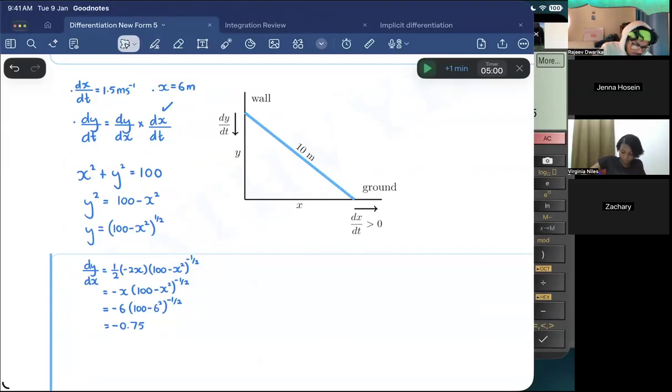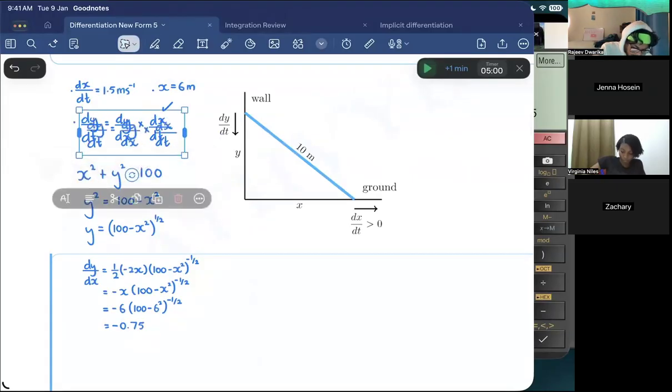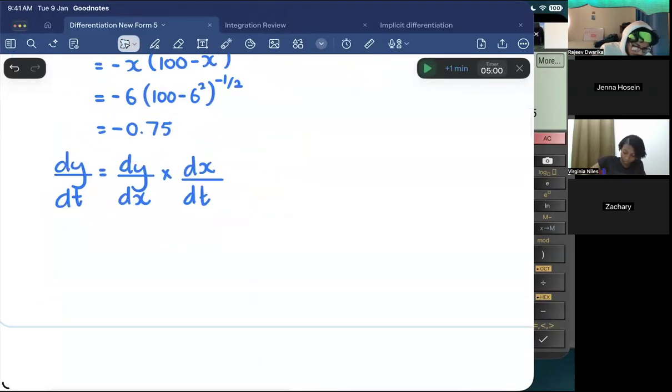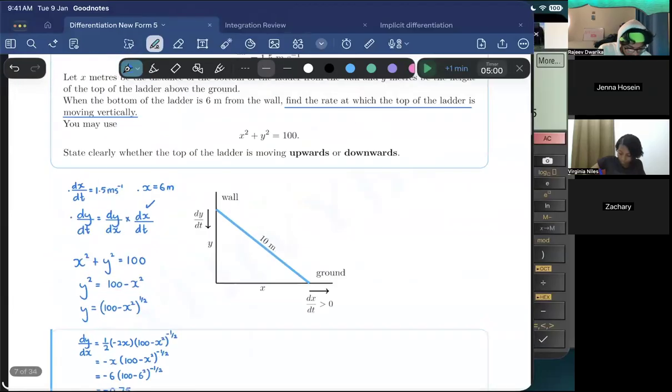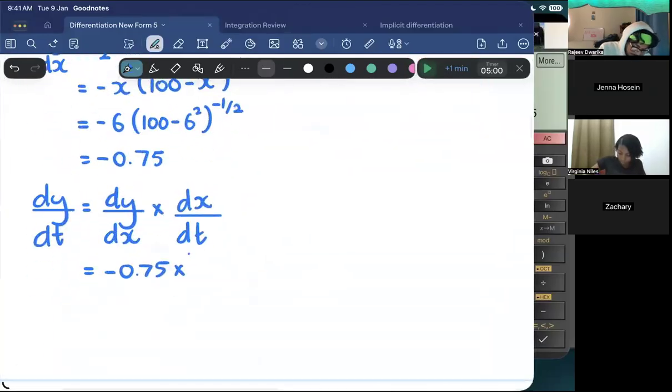So you multiply it by dx dt, which was 1.5. What would we get? Minus 9/8.